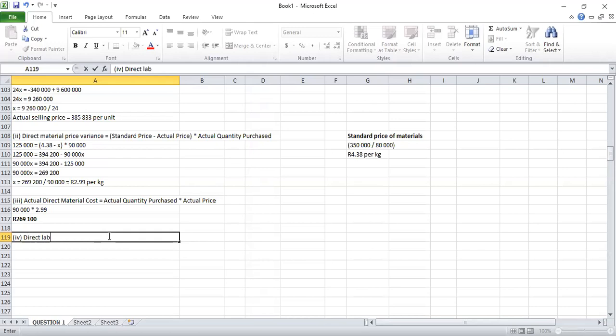Direct labor efficiency variance is equal to standard hours minus actual hours, multiplied by standard rates.